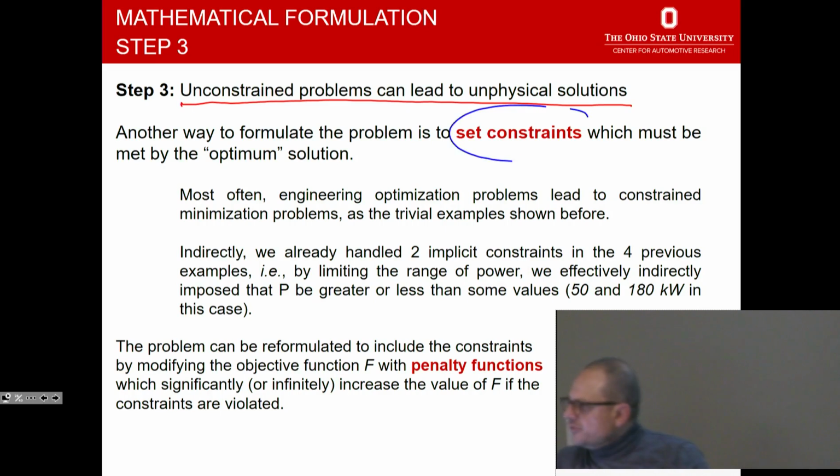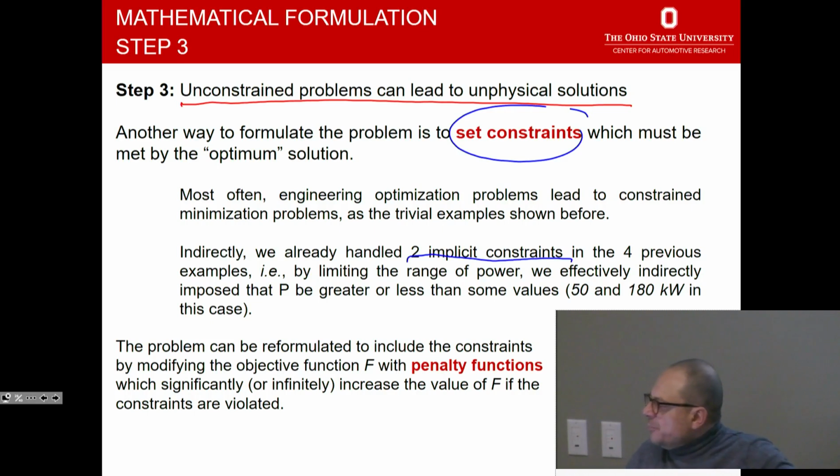Another way of doing the problem is to set some constraints. In fact, we already had some implicit constraints in the previous problems, because the smallest engine is 50 kilowatts and the largest engine is 180 kilowatts. But I could also impose constraints in the objective function. Let me give you a simple example. Let me say, I shall not have any 0 to 60 time that is greater than 13 seconds or something like that.